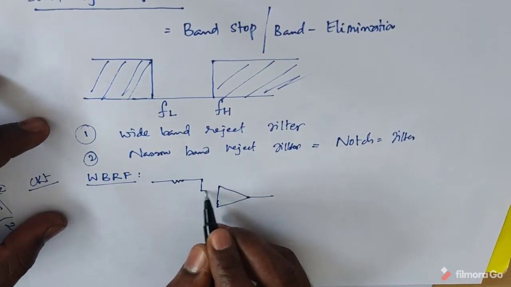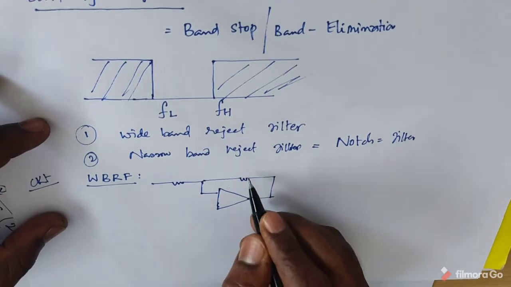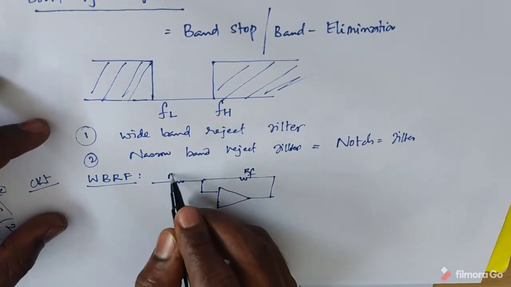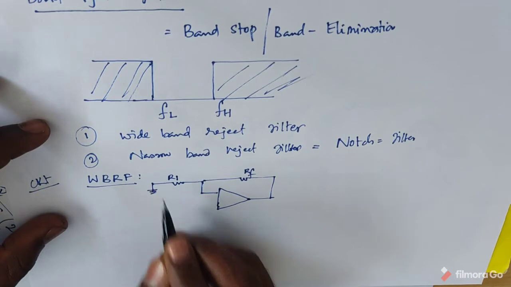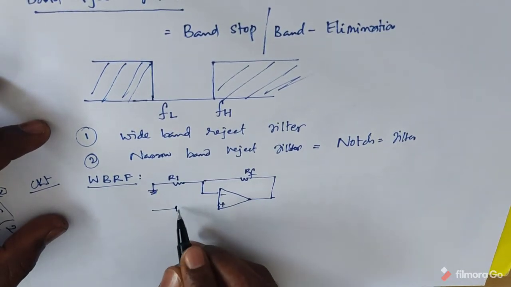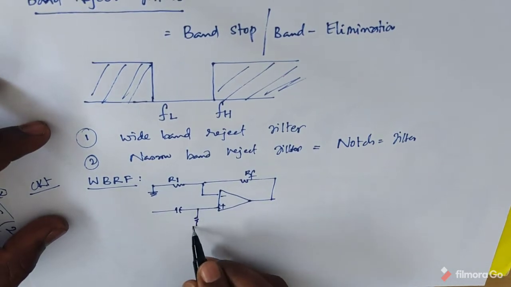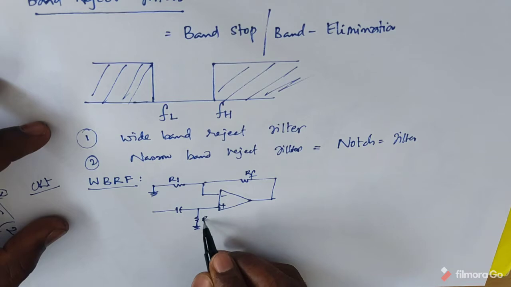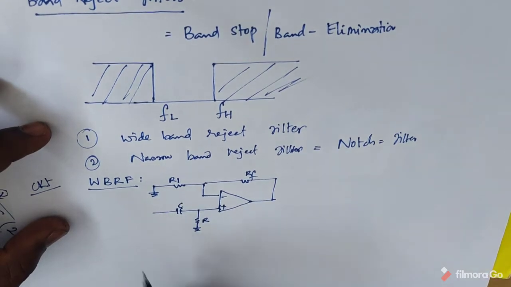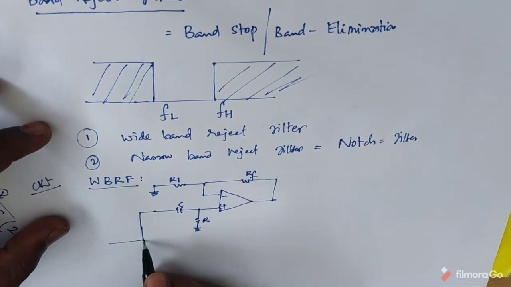You may take the upper low pass filter or high pass filter. This one is the feedback resistance, this one is the input resistance, and it is connected to ground, and this one positive and negative, and take one variable resistor that is connected to ground. So simply a resistor and capacitor, where the input value is Vs.